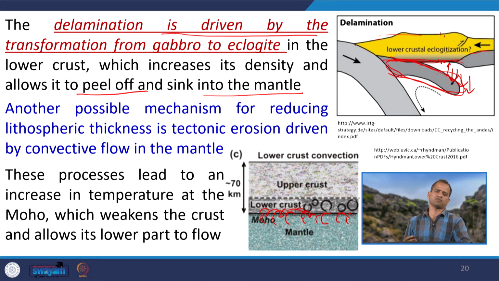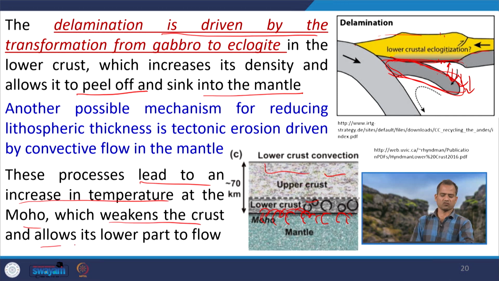This type of process decreases the strength of this lithosphere. So, as a result, this mountain building activity is affected by this lowering of the crustal thickness. And these processes lead to an increase in temperature at this moho, which weakens the crust and allows the lower part of this crust to flow.